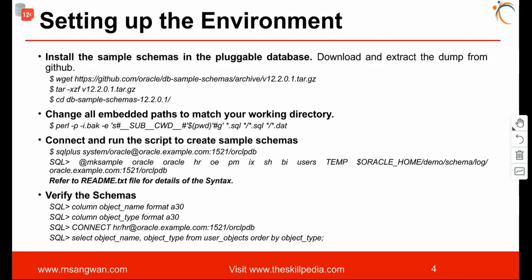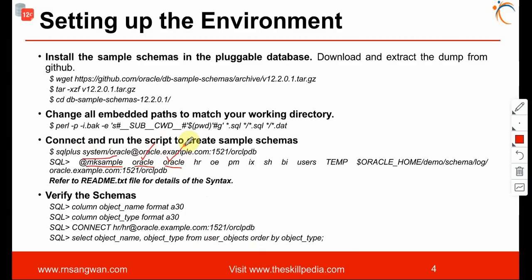And then how to run the sample schemas from the directory? Simple. There's a script available here, and the script is mksample.sql. So run the script mksample.sql. This is the SYS password, this is the SYSTEM password.